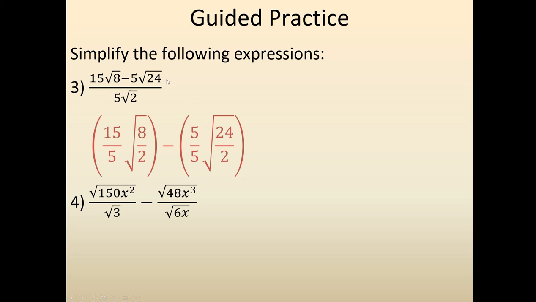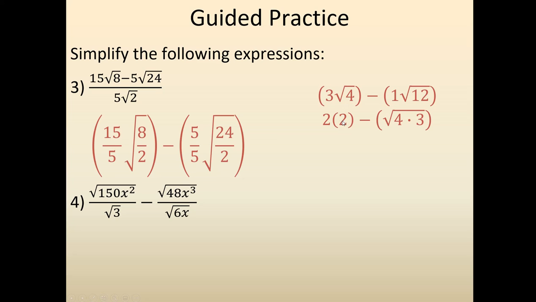And then when we have this term, we do the same thing, 5 divided by 5, square root of 24 divided by 2. So we have all this together, and we do the math one by one. 15 divided by 5 is 3, 8 divided by 2 is 4, 5 divided by 5 is 1, 24 divided by 2 is 12. So we get 3 rad 4 minus rad 12.